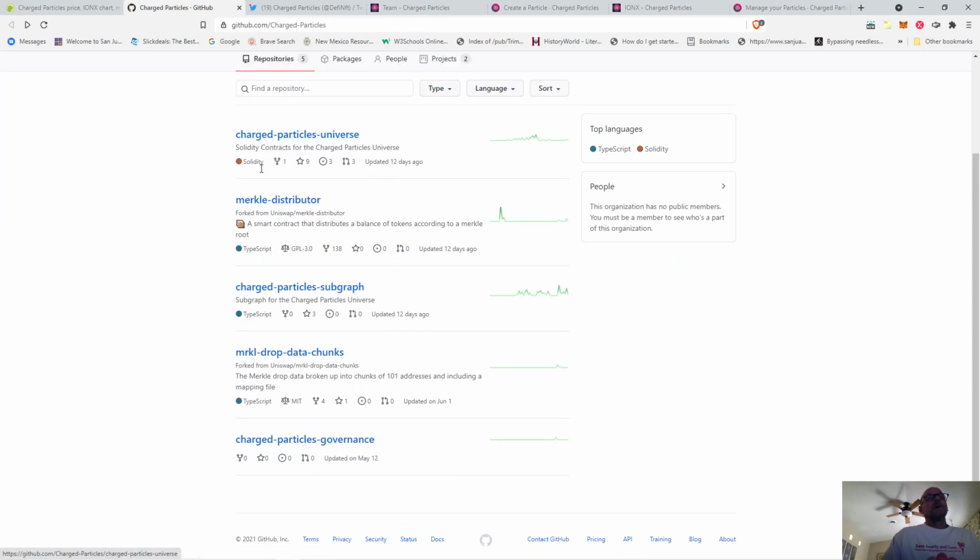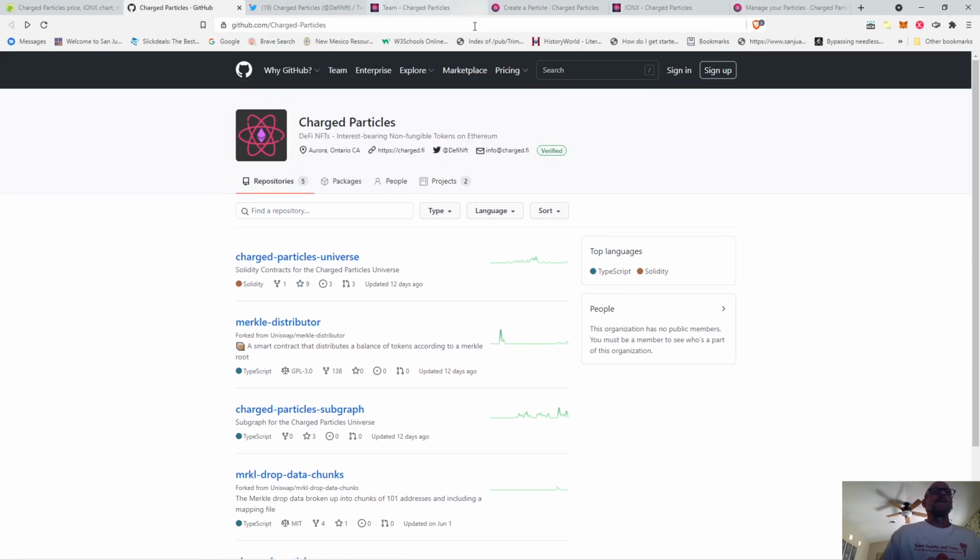Not that their code has to be updated all the time, but 12 days ago is, I guess, okay. I can't judge that. It seems like their front end would be being developed almost continuously, but I don't really know. So as far as I know, they have a decent-ish GitHub.